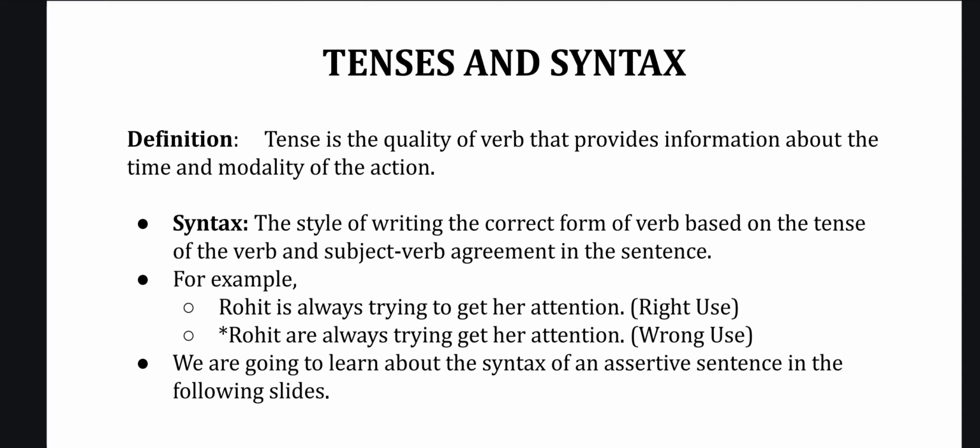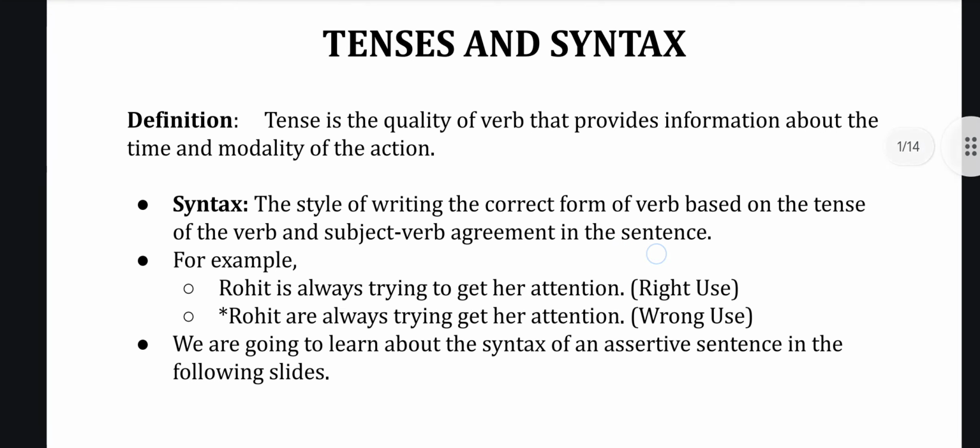Modality is the quality of the verb that tells us whether the verb is completed or not, or whether the verb is going on. So there are basically two types of modality. One is progressive modality and another is perfective modality. Progressive modality tells us the verb is going to continue, is continuing, and perfective modality tells us that the verb is done, the action is done, completed.